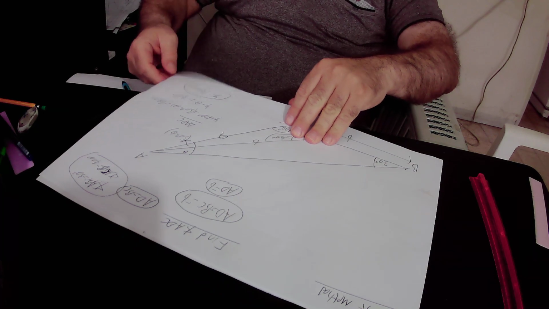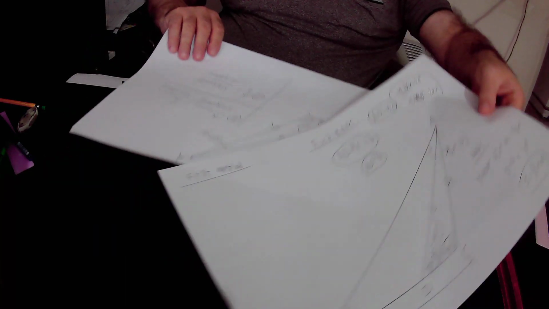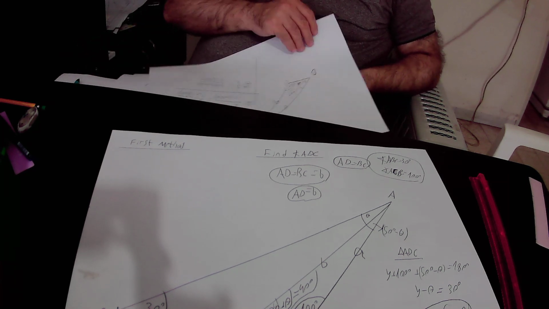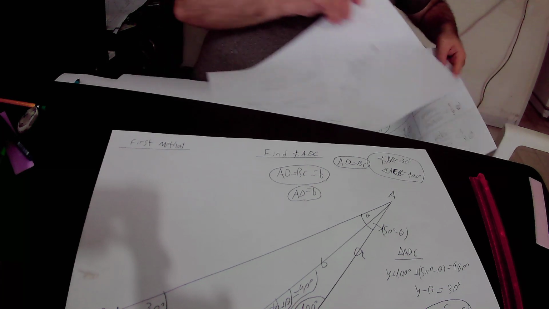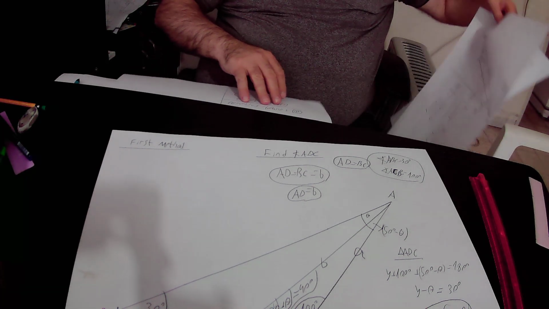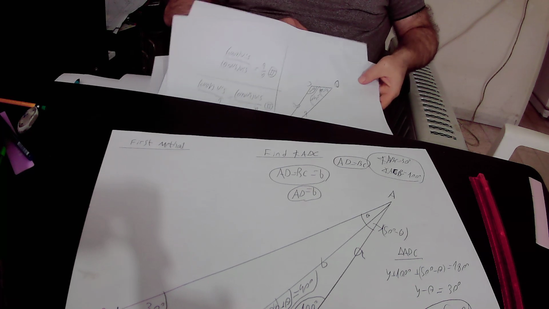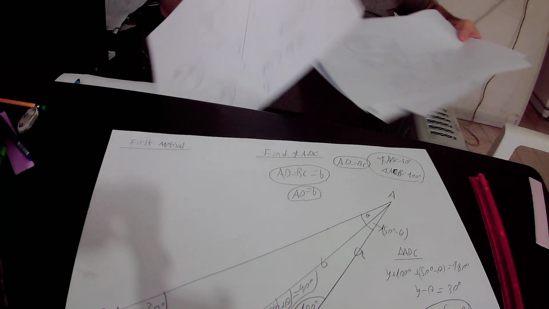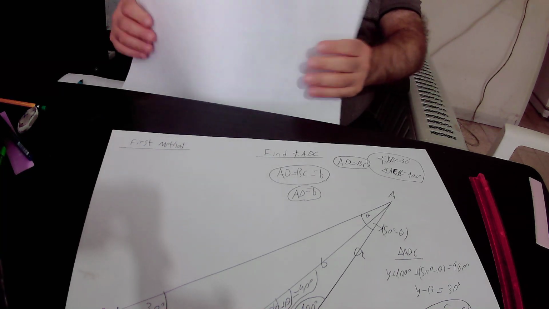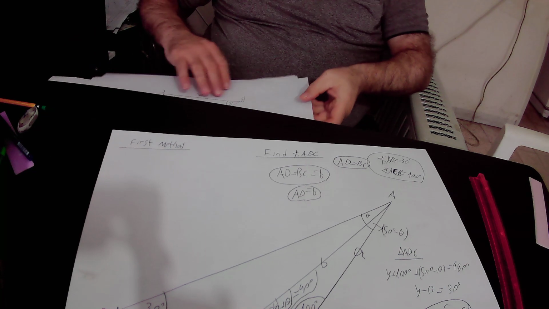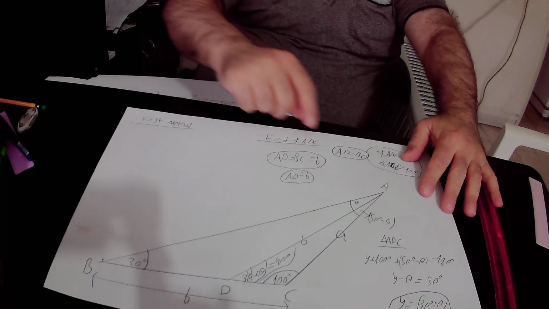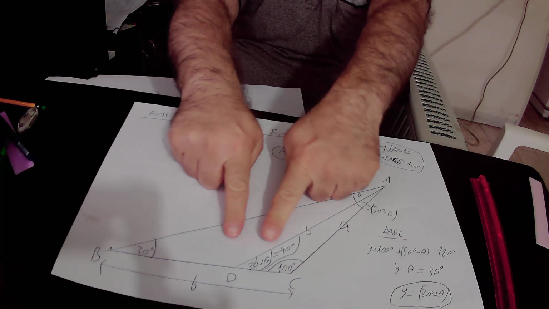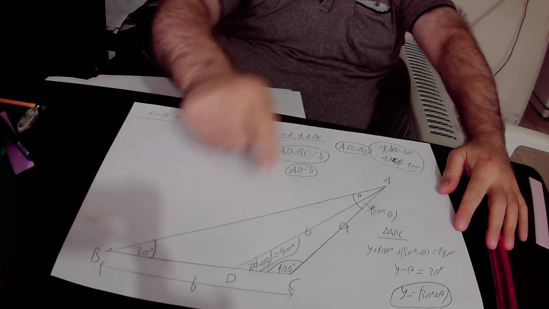In the first method, we defined side AC of triangle ABC as A. We defined side BC of triangle ABC as B.